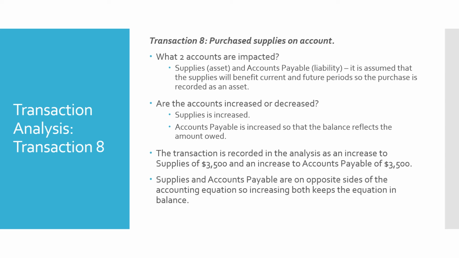Our supplies account is going to be increased by the cost of the supplies, which is $3,500, and our accounts payable is going to be increased by the same amount, so that we now show a liability, show that we owe $3,500. One's on one side of the accounting equation, the other's on the opposite. Our accounting equation stays in balance.